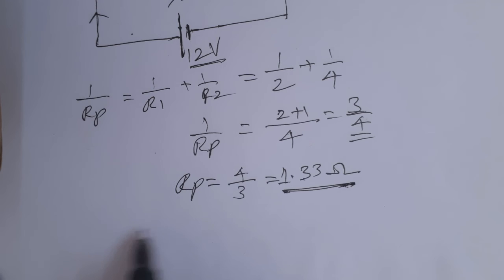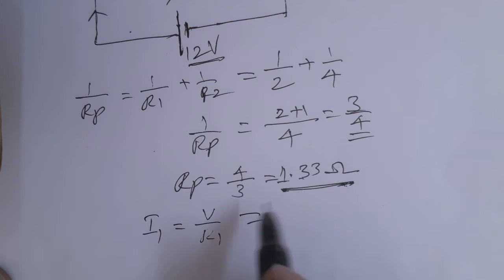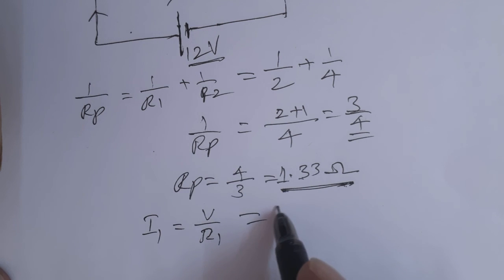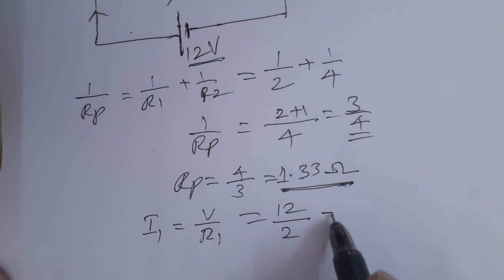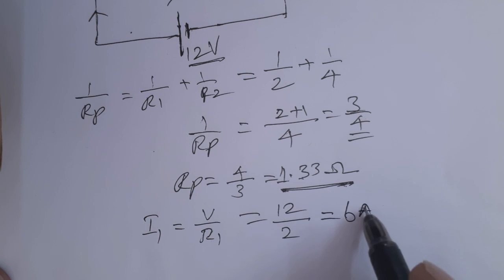Right, now what is the current in each branch? What is I1? I1 equal to V by R1. V is 12 volts again. What is R1? R1 is 2. So 12 by 2 is equal to 6 amperes. So through the first branch, which has 2 ohm resistance, the current passing is 6 amperes.